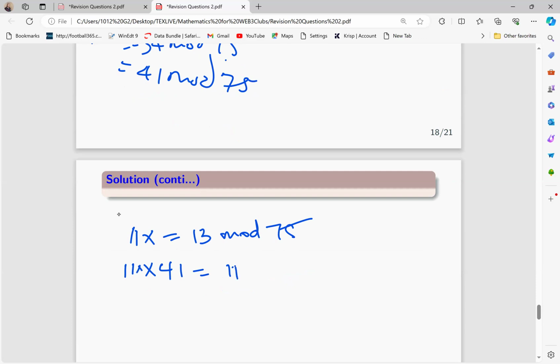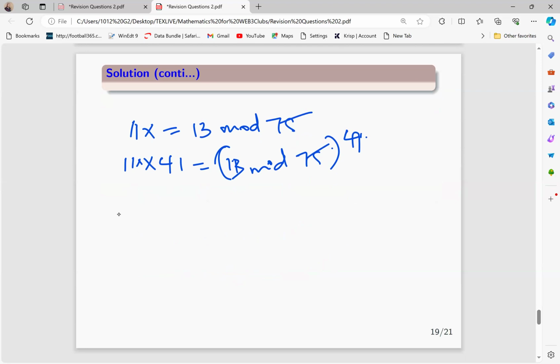Na hii side ingine au 13, sorry, times 41 na iweke yote ama times 41. Okay. But you multiply the number before the mod. The number before the mod. Okay. So itakuwa 4.